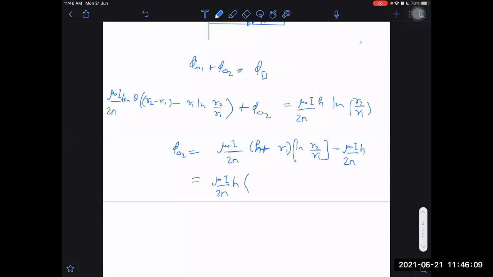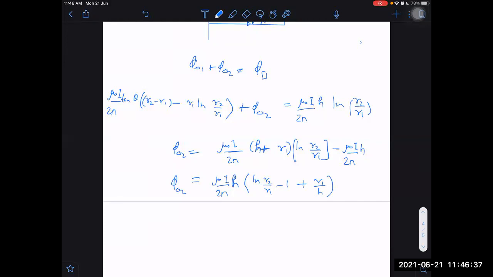Sir, R2 by (R2 minus R1) into (R2 upon R1 minus 1), and plus R1 upon h. This is what I am getting. Sir, mu naught I h by 2 pi into R2 by (R2 minus R1) into ln R2 by R1 minus 1.